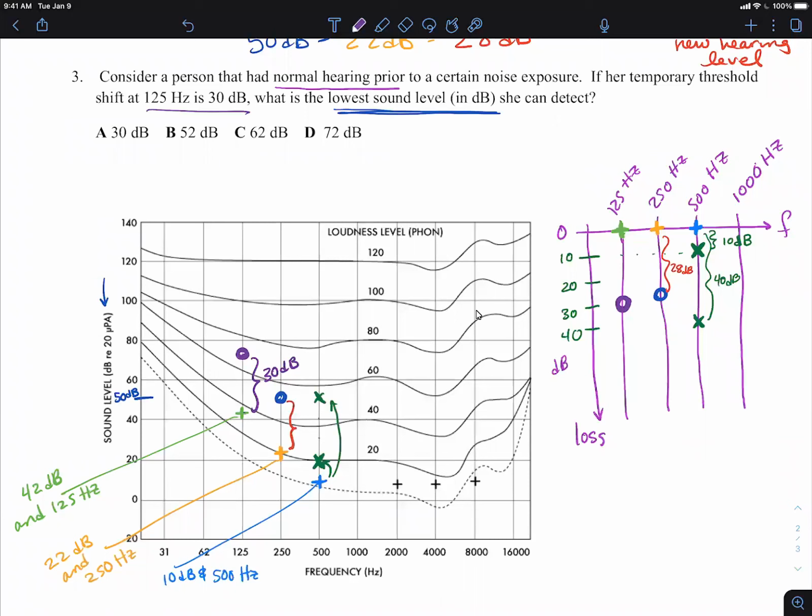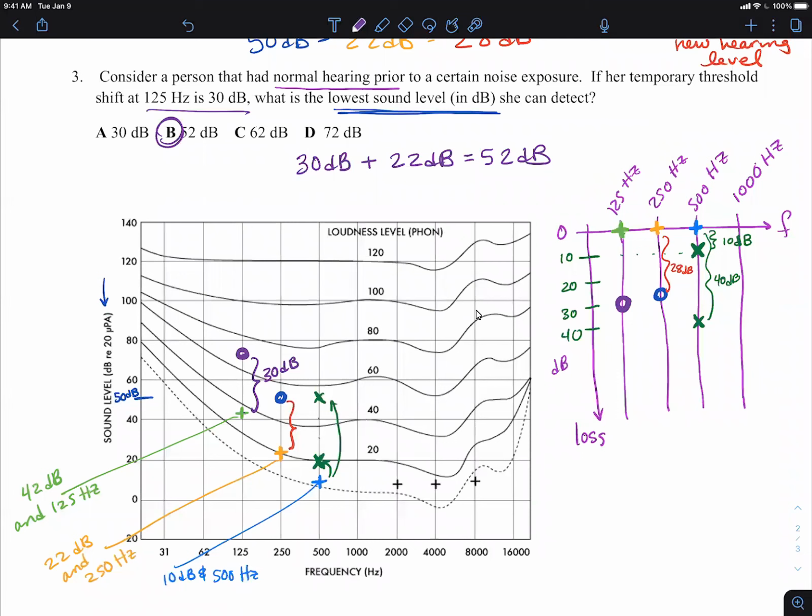So the lowest sound level in decibels they could detect would be 30 decibels plus 22 decibels. So the 30 decibel temporary threshold shift, plus where the plus is, which is 22 decibels, means the lowest sound pressure level would be 52 decibels.